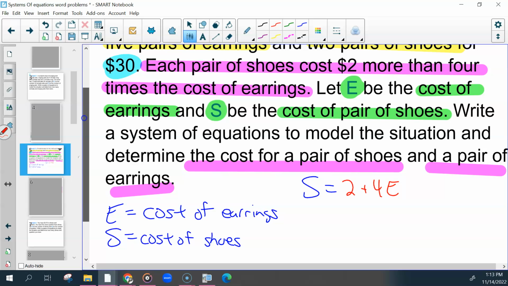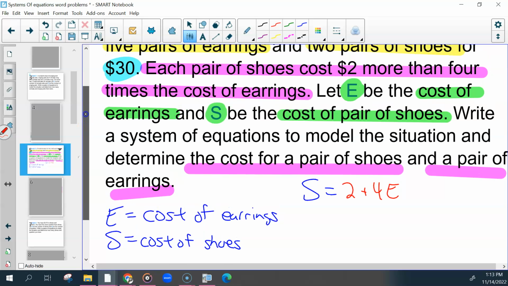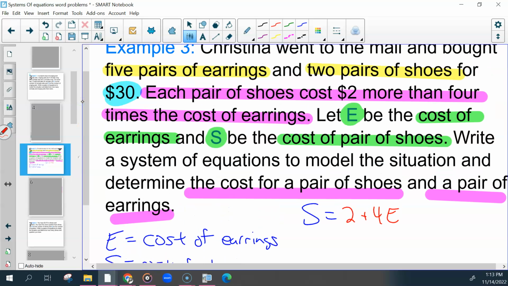We still need a second equation. So everything in yellow/blue, we're going to use to write that second equation. If the format is going to be similar to the last problem we did, how would we write that?